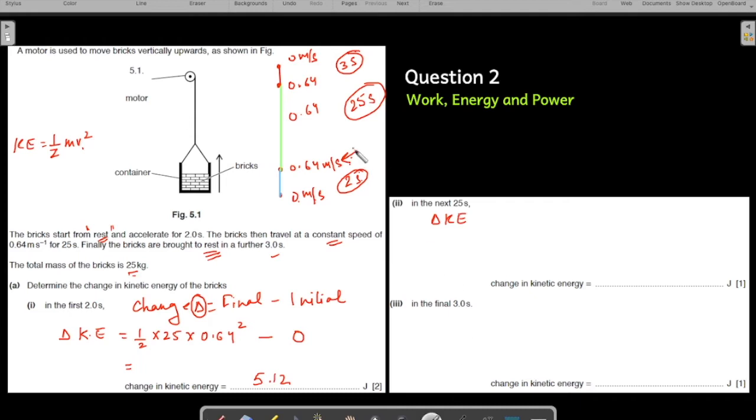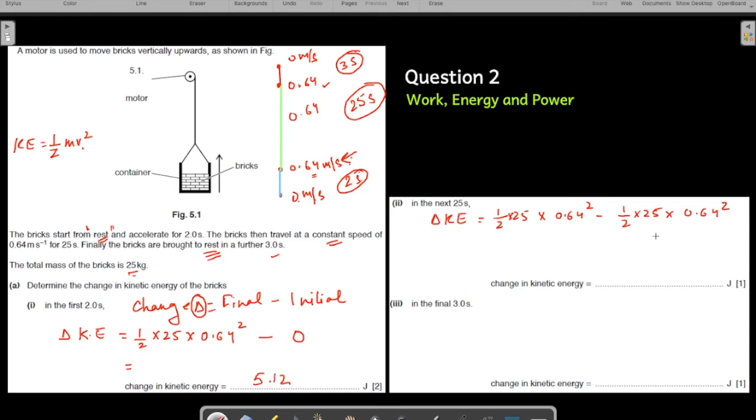So many of you would have already identified that the initial and the final velocity are 0, so the change is 0. But let me write it down for you. Half times 25 times the initial velocity, which in the next 25 seconds is 0.64 squared, minus half times 25 times the final velocity, which was also 0.64.